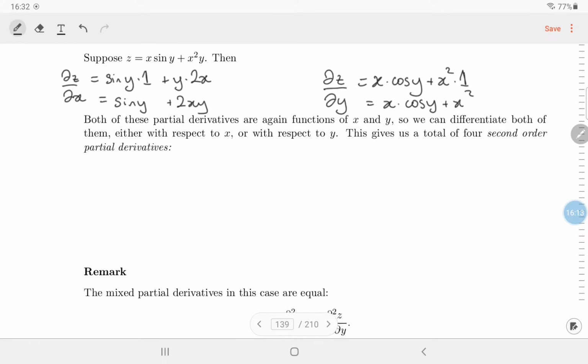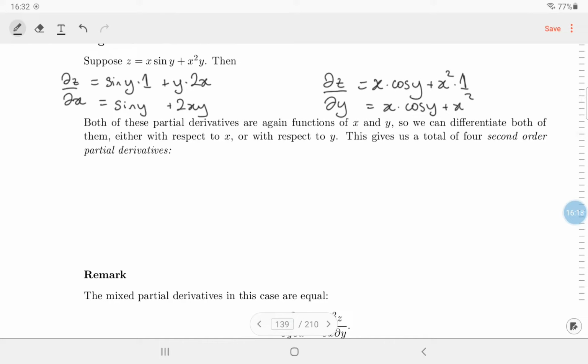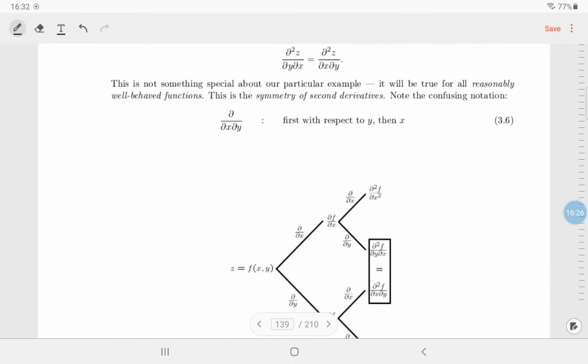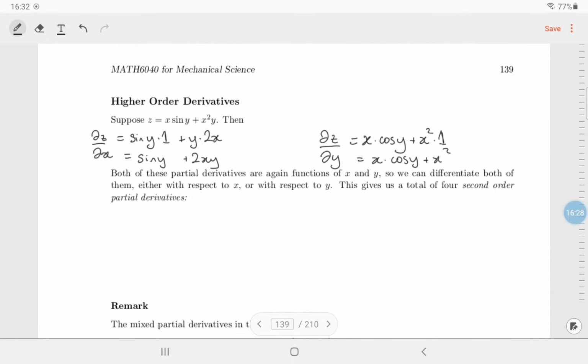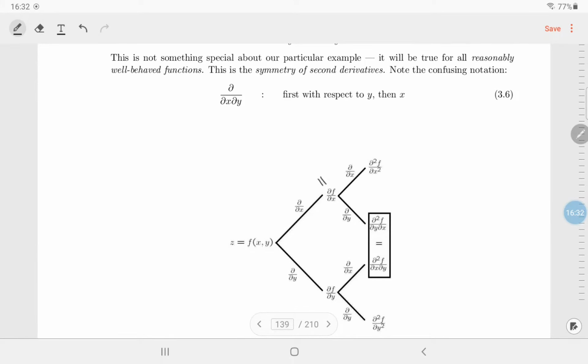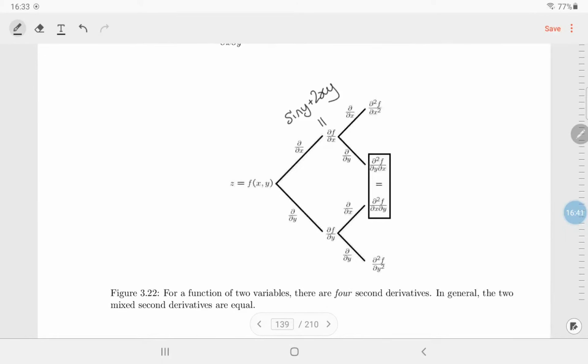Now let's look at the second order, the second derivatives. So what we have so far is sine y plus 2xy, that's the derivative with respect to x, and we have x cos y plus x squared.